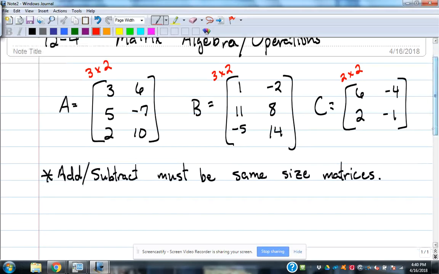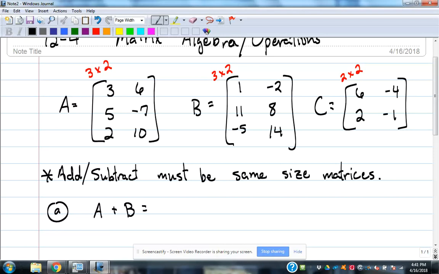Okay, so to do that matrix addition, A plus B. Let's do that one. The way that works is you add corresponding parts. So they've got to be the same size. If this is a 3 by 2, this is a 3 by 2, they both have a top left, right? So to add them, the top lefts add together. 3 plus 1, 4.